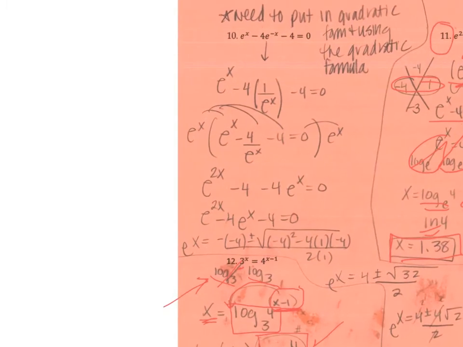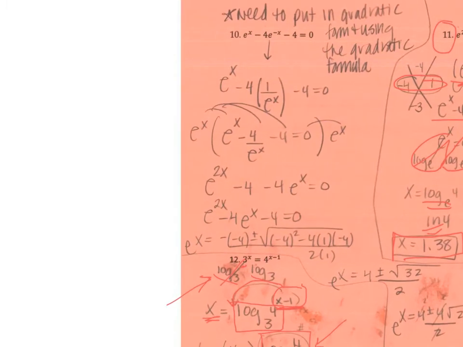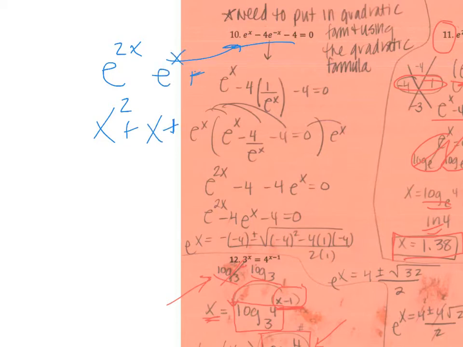Number 10 is definitely tricky, so it's a harder one. Remember, if we have a trinomial, we want the first term to be e raised to the 2x. Kind of think of it as like x squared plus some kind of x in e to the x and then a constant. So it's not really set up that way. So first we needed to manipulate it.